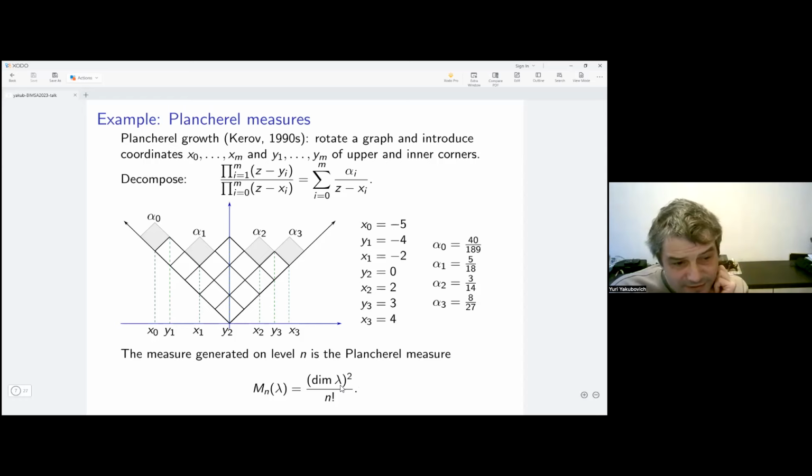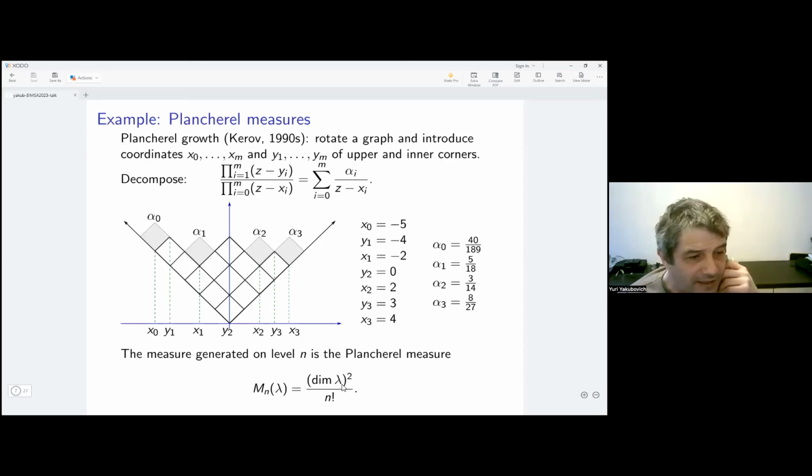It also has a simple combinatorial interpretation: it is the number of paths of length n in the Young graph which start at the empty partition and end at partition lambda.